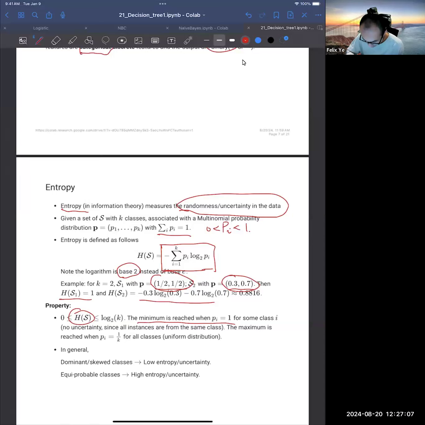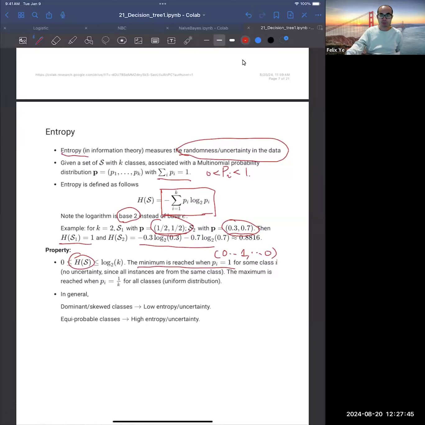That is the situation like 0, 1, and zeros everywhere else, with only one entry being 1. In this case I have no uncertainty, so my entropy is equal to 0. The maximum is reached when Pi equals 1 over K for every class. That means a uniform distribution, with maximum randomness or uncertainty in the data.